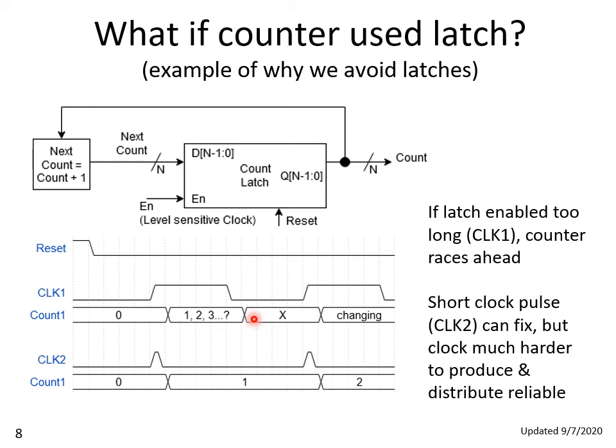Another way this may go wrong, well, it's part of the same way it goes wrong, is that as these values are racing around here, not all the bits through the increment logic are going to propagate with the same amount of delay. So you might not necessarily even get a nice sequence of values like 1, 2, 3.